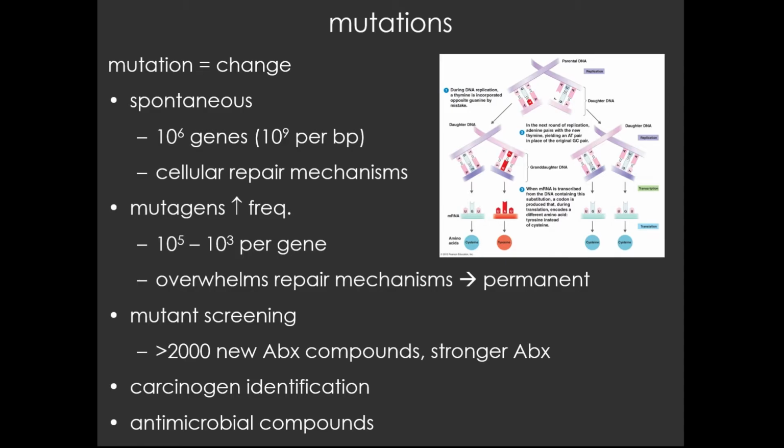As I mentioned, the second reason that we study mutations in microbiology is because microbes are useful in identifying both mutagens and a special kind of mutagen called a carcinogen, which causes cancer in higher organisms.